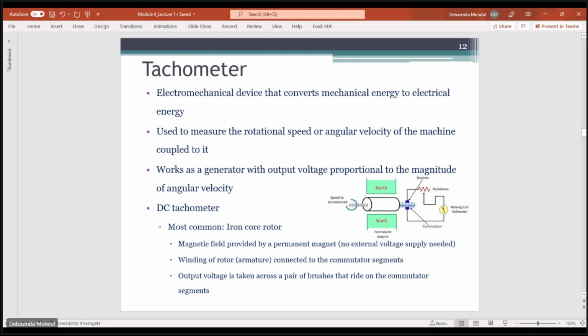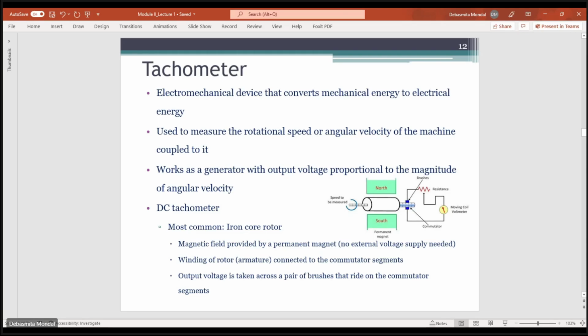As I have said, it works as a generator, and the output voltage of the tachometer is directly proportional to the angular velocity. Suppose some machine is moving and you want to measure the speed of rotation of that machine.